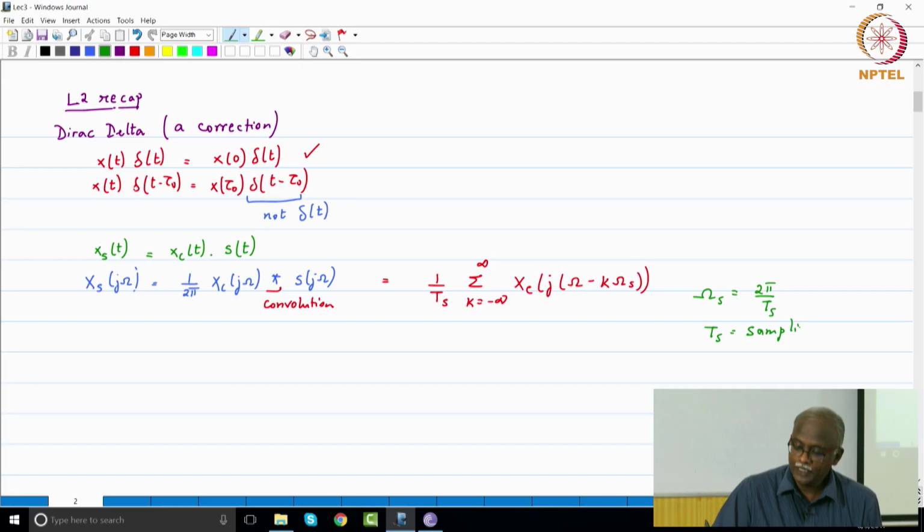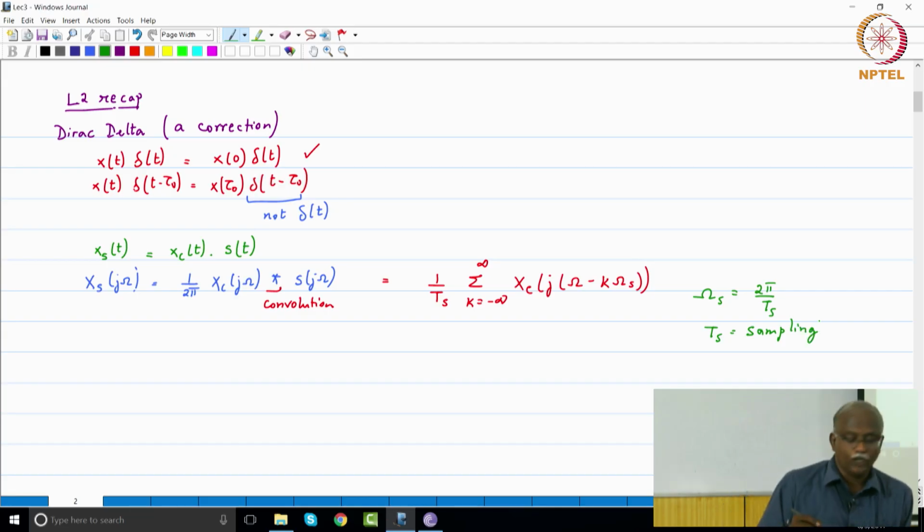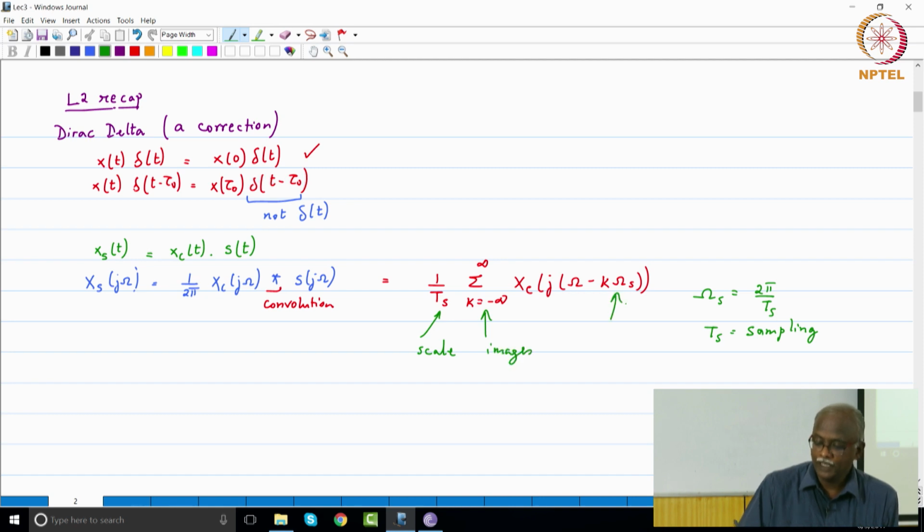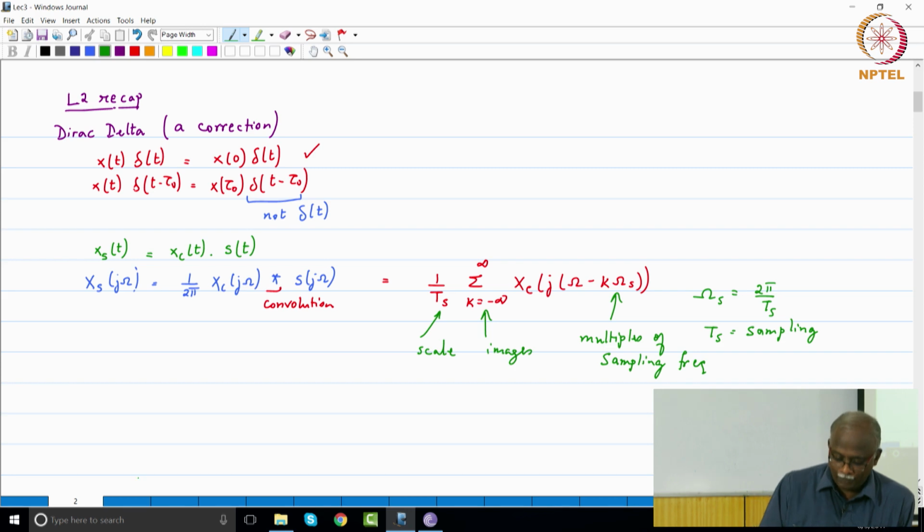We did observe that there were three elements of our sampling process. The first one was a scale factor, the other one was multiple images, and the shifts happen as multiples of the sampling frequency. All of these are going to be exploited in our use of the sampling process. So that was the sampling process.